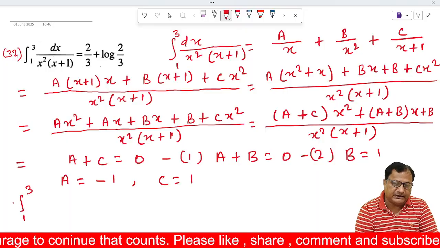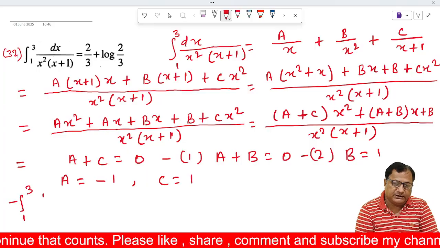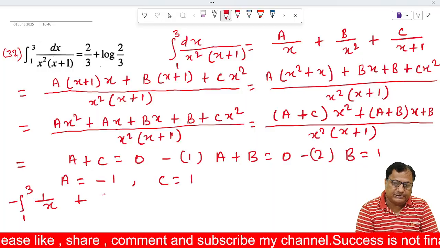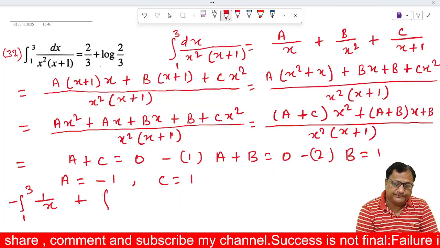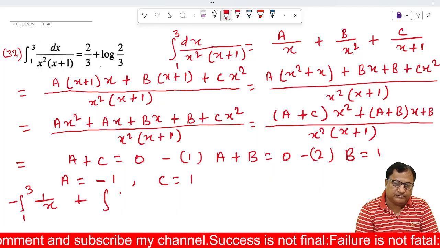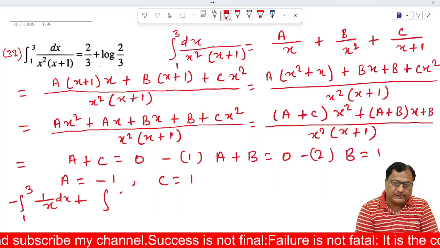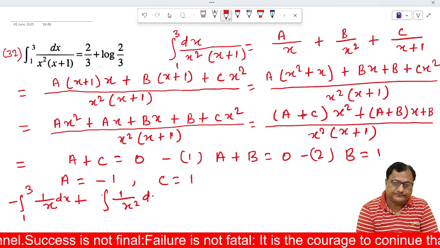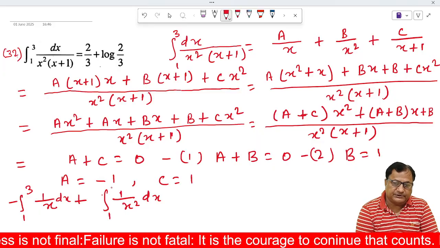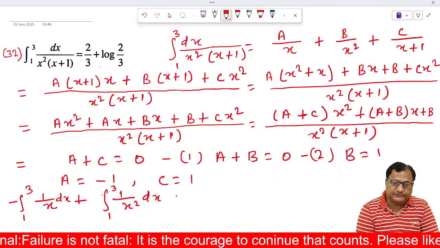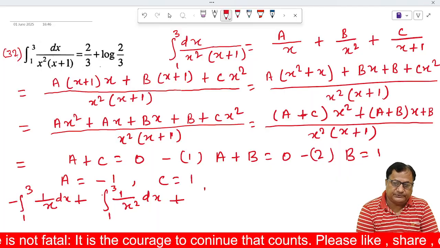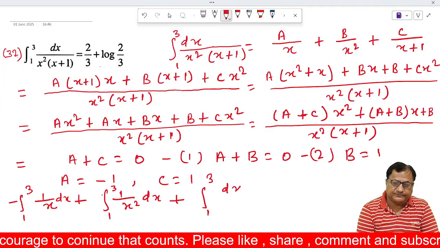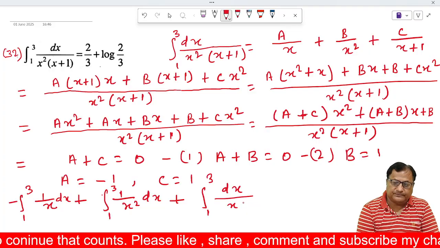A is minus 1, so minus 1 by x dx, plus the integration of B by x square, B is 1, so 1 by x square dx from 1 to 3, plus C, whose value is 1, so dx by x plus 1.